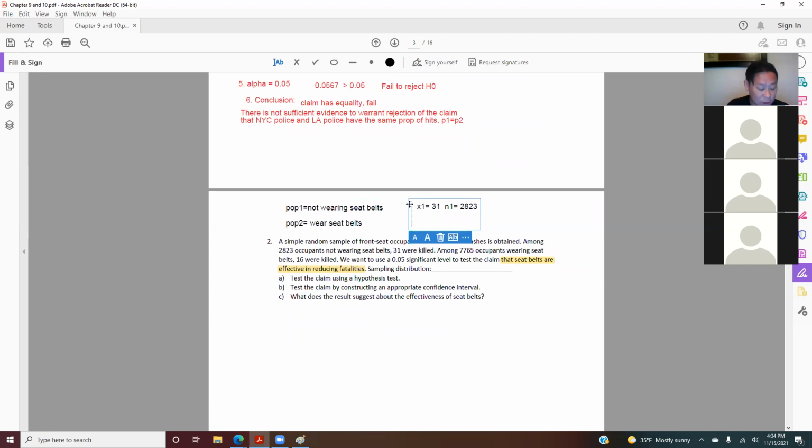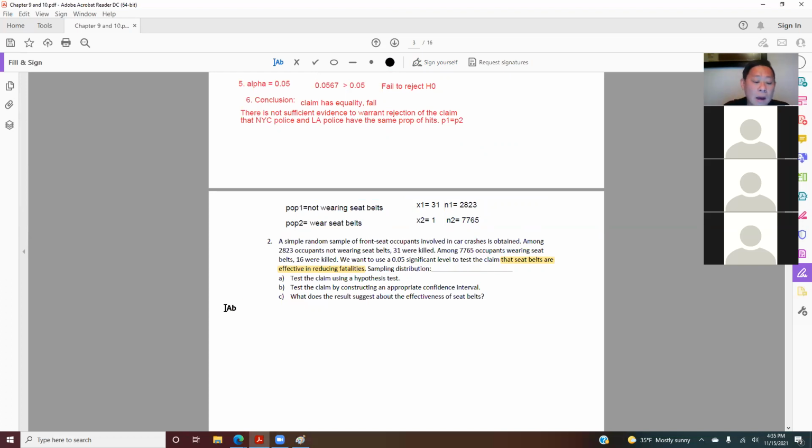Then we do x2 and n2, those who wear seatbelts. How many got killed? 16, out of 7,765.